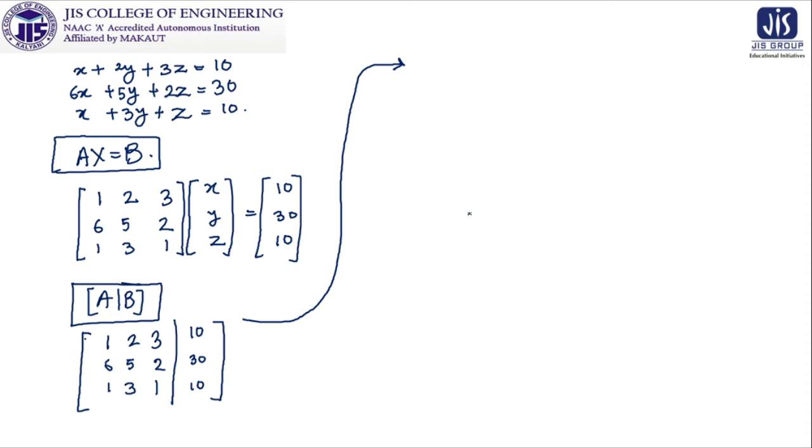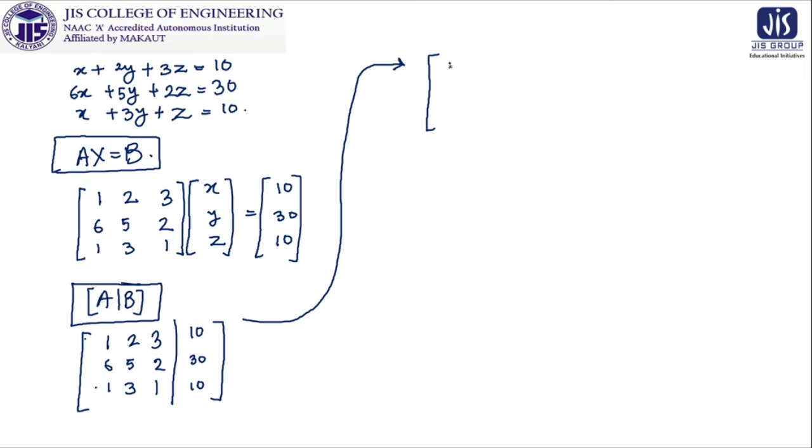You can also change the positions of these rows, but you have to restrict yourself to elementary row operations. For example, you can interchange the second row and third row for your own benefit, if you feel that it will be helpful for you to calculate, and obviously you can do it. So what we are doing now, we are converting it into this particular matrix.